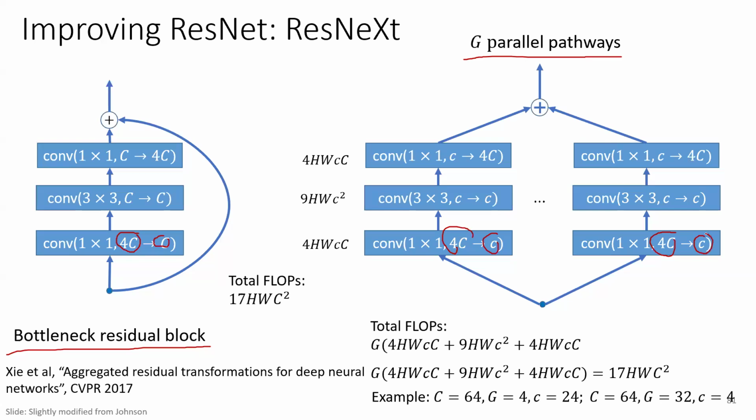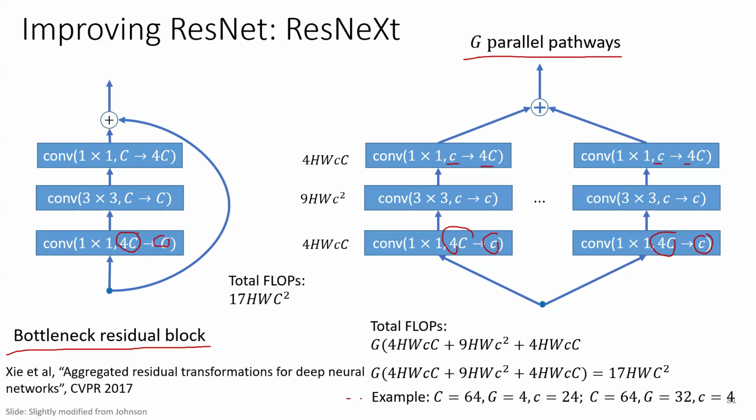Can you see that? Finally, this small c becomes 4C, small c becomes 4C. So this capital C is divided into several small c number of channels. This is what they did.